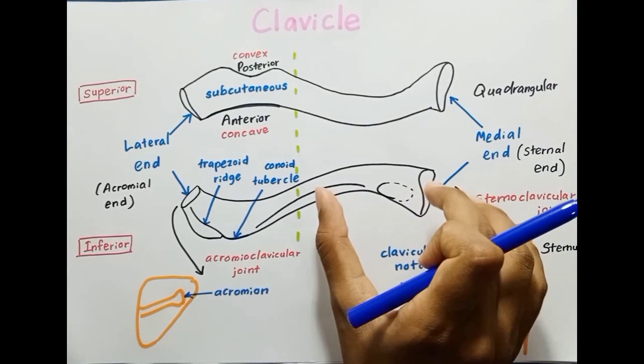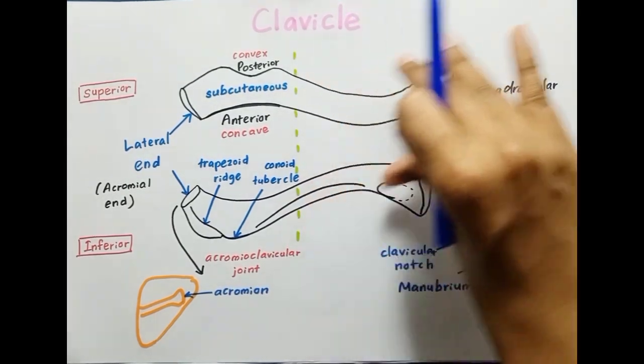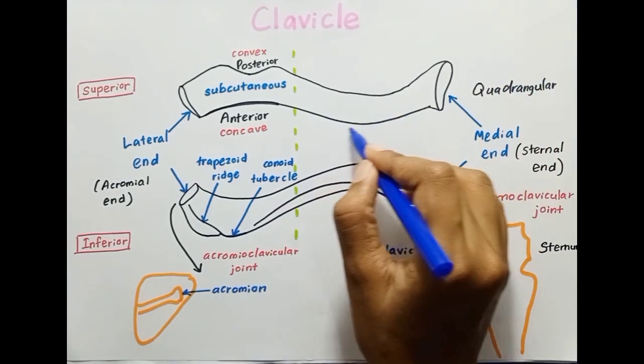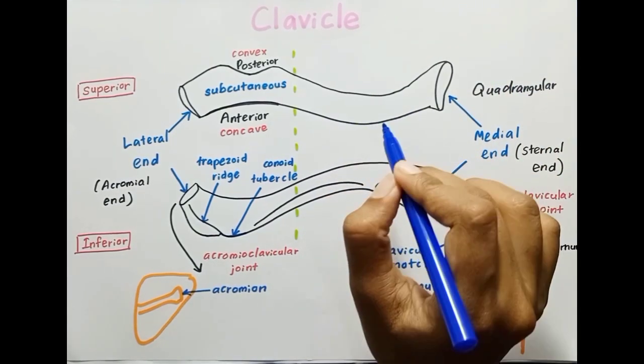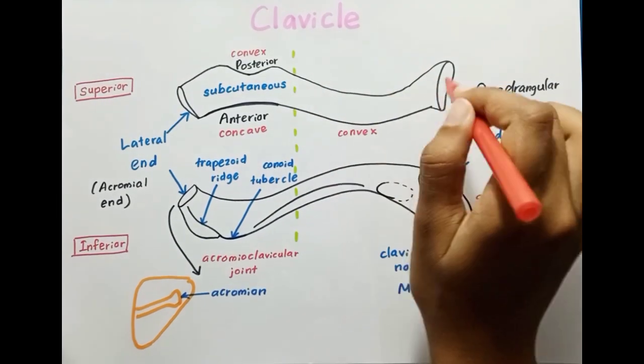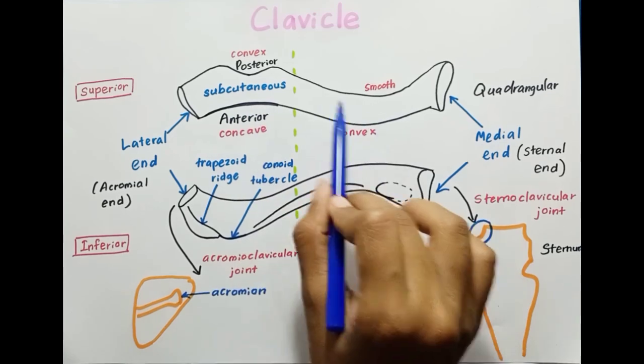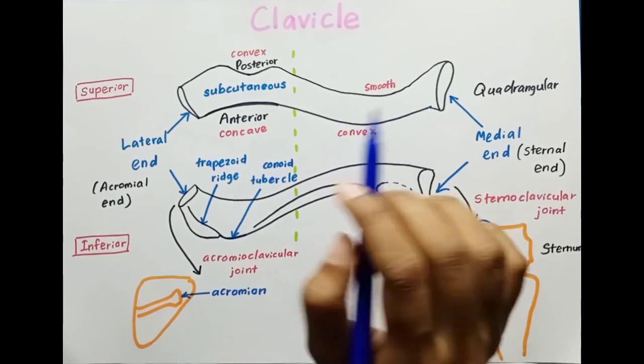And now let's talk about the medial 2/3 of the shaft. Here it is rounded and the anterior surface is convex forward. The posterior surface is smooth. And the superior surface of this medial part is rough.